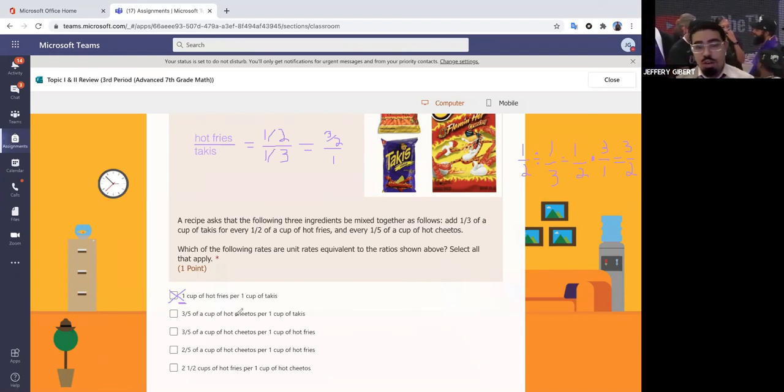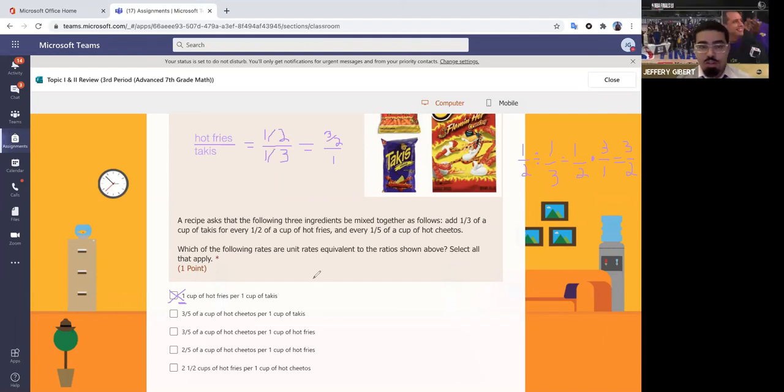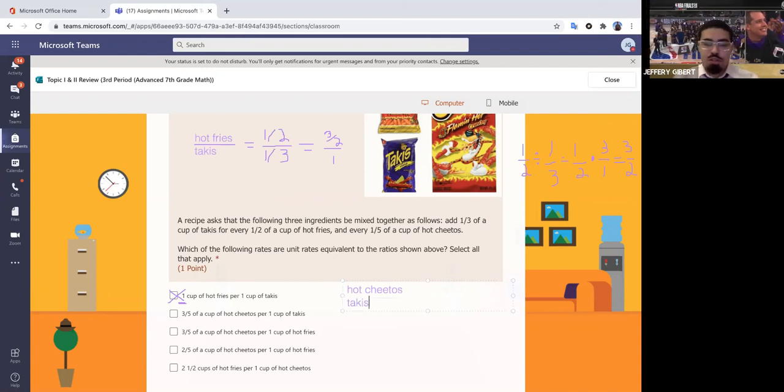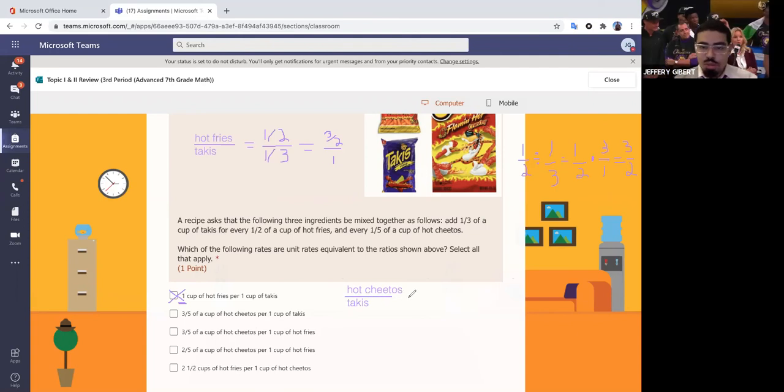Our next scenario is hot Cheetos per Takis. So this time it's going to be hot Cheetos over Takis. So our hot Cheetos in the problem is 1/5. So you got 1/5 over the Takis, which is 1/3.